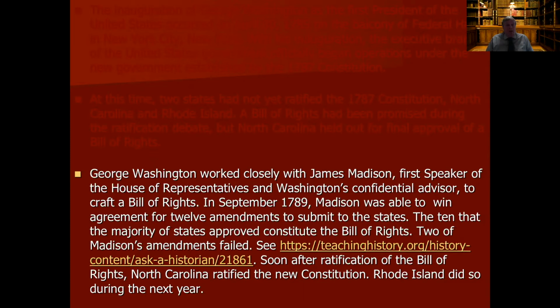The 10 that the majority of the states approved constitute what we now know as the Bill of Rights. 2 of Madison's amendments failed, and you can go to the hot link that I've got here to see what those 2 amendments consisted of. So I encourage you to do that. Soon after ratifying the Bill of Rights, North Carolina ratified the new Constitution. Rhode Island did the same during the next year.